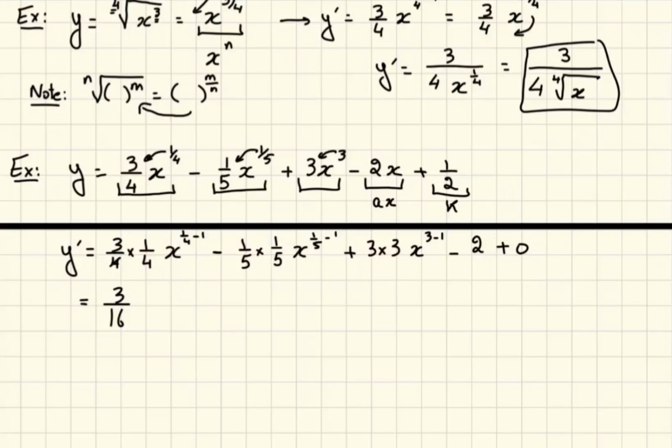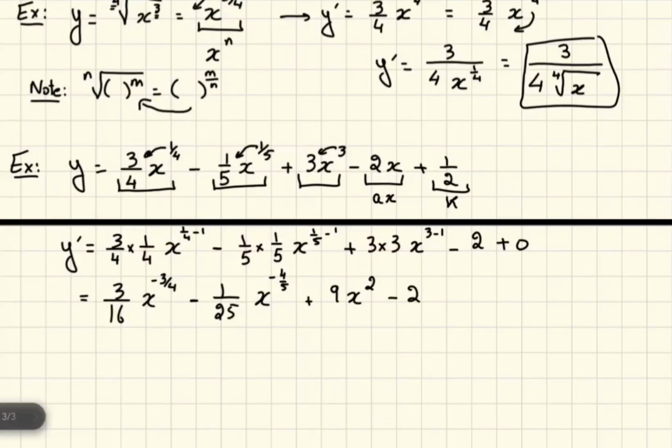We cannot, because both of them are in the denominator. X exponent 1 over 4 minus 1, it's negative 3 over 4, minus 1 over 5 times 1 over 5 will be 1 over 25. X exponent minus 4 over 5 plus 9 x squared minus 2.